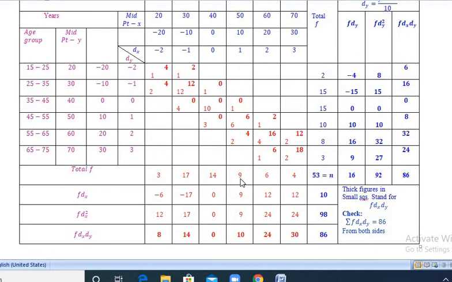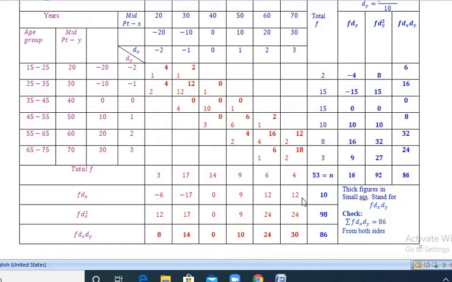Here f is 9, dx is 1, their product is 9. F is 6 and dx is 2, their product is 12. And lastly, f along the horizontal is 4 and dx is 3, their product is 12. That is the product f dx.